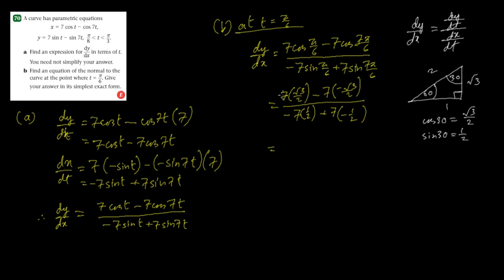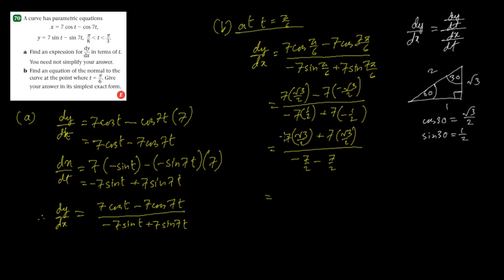So let's calculate this. This is 7 root 3 by 2 plus 7 root 3 by 2, and this is minus 7 by 2 minus 7 by 2.